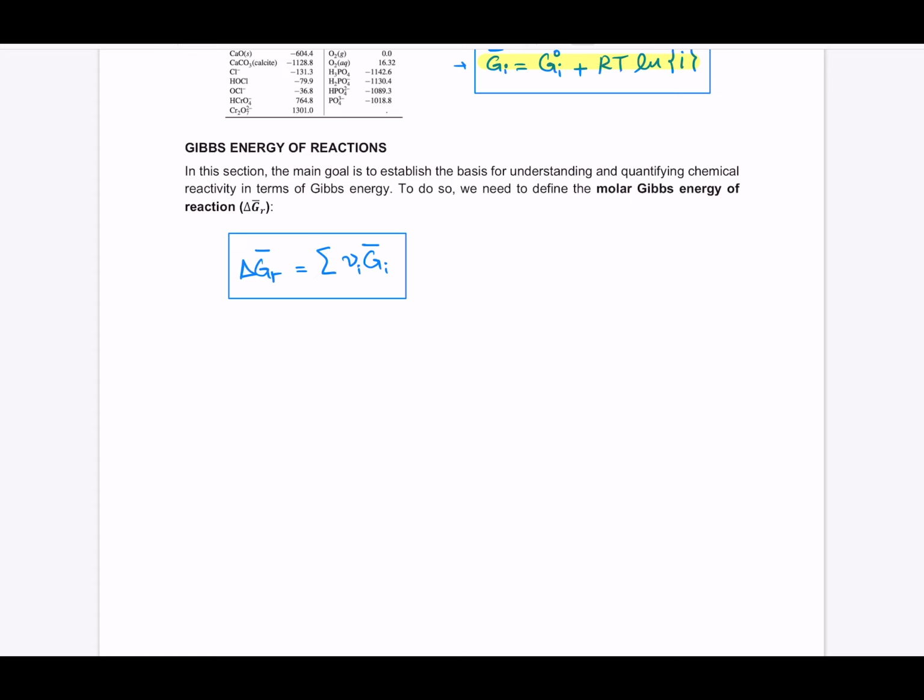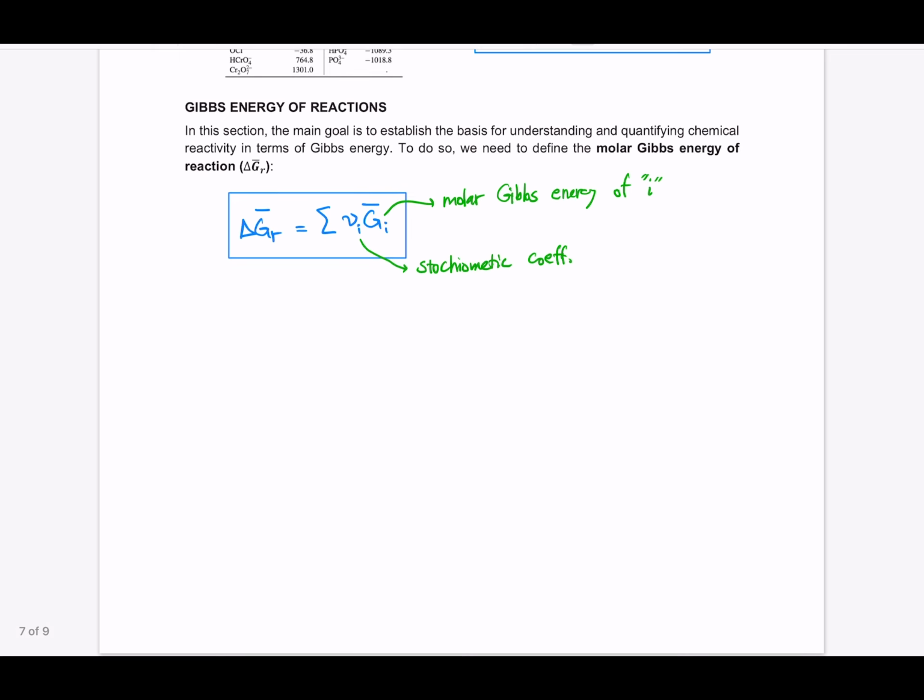It was correcting for that impact. So this would be the stoichiometric coefficient, and this would be the molar Gibbs energy of species I. So this is at any condition.